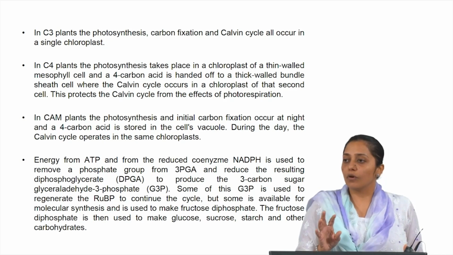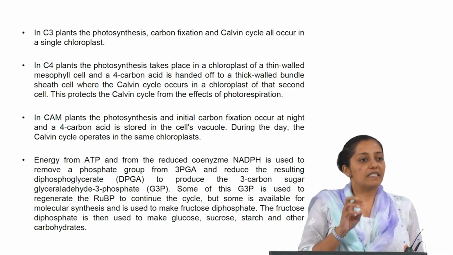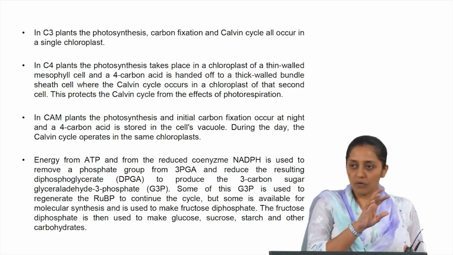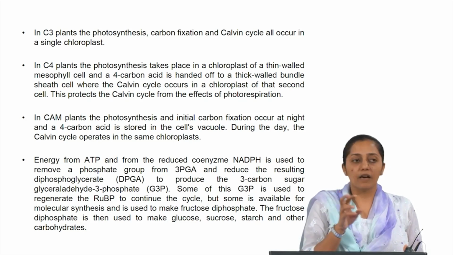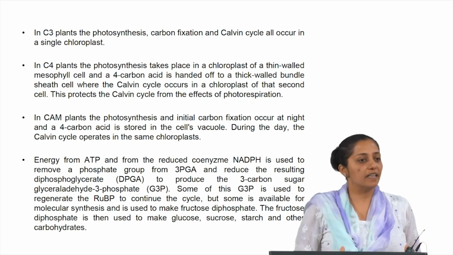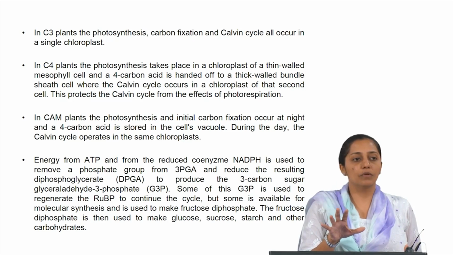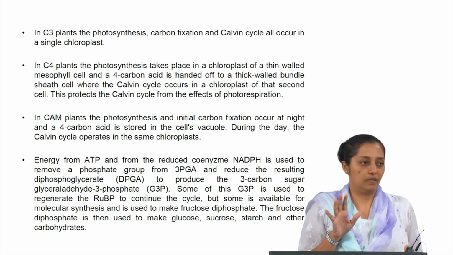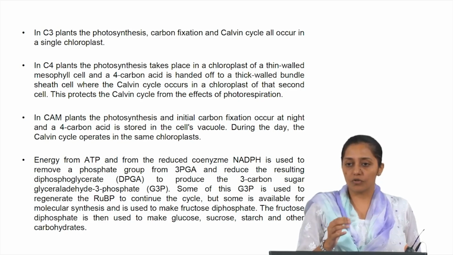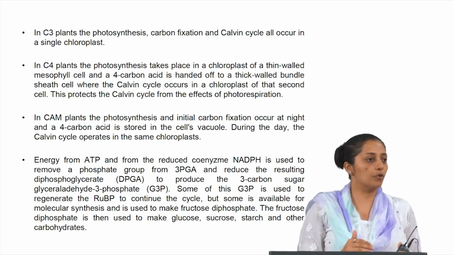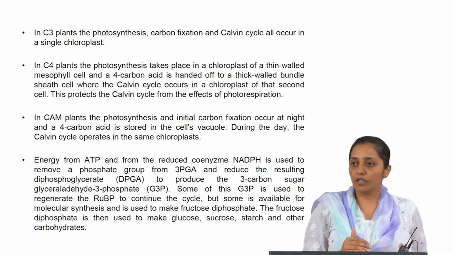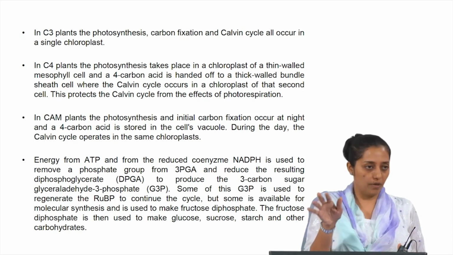This 4-carbon compound is then transported to bundle sheath cells, where it breaks down again to release CO2. Because it is now very close to the vascular bundle and in the inner portions of the leaf tissue, it is said to be secured.